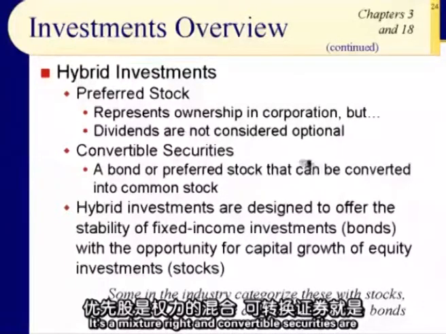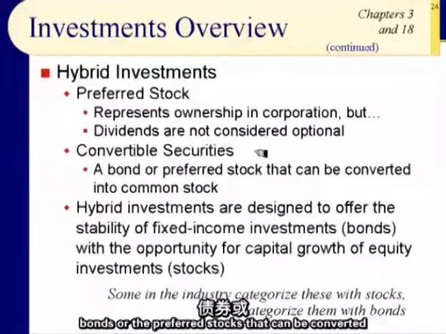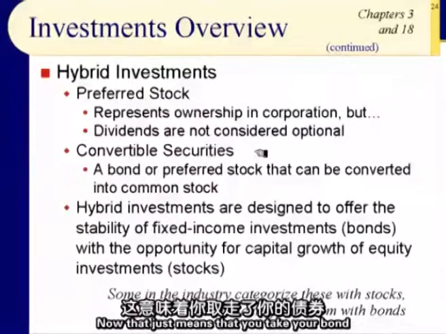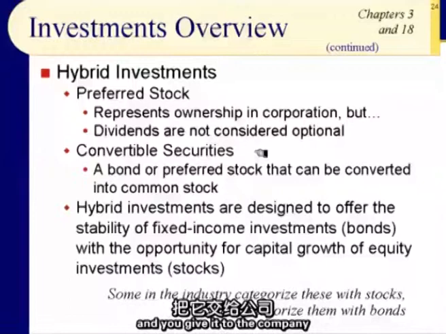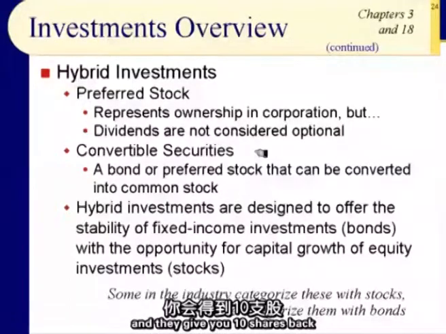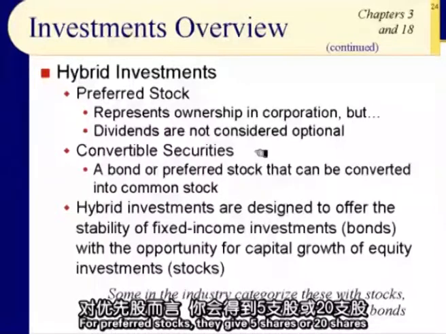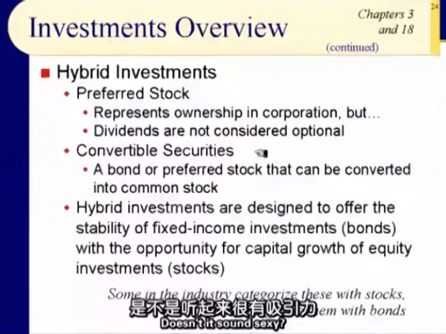And convertible securities are bonds or preferred stocks that can be converted into common stocks. Now, that just means you take your bond and you give it to the company and they give you 10 shares back. That's how it works. Or preferred stock, they give you 5 shares or 20 shares or whatever it is. Doesn't it sound sexy?